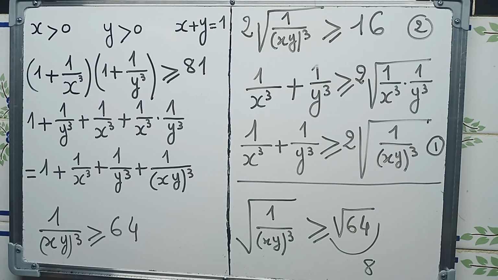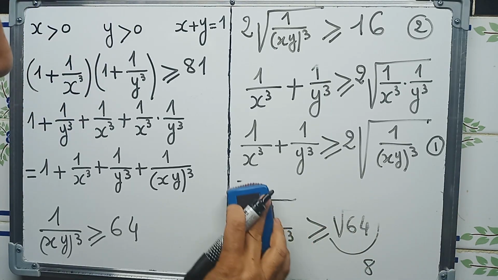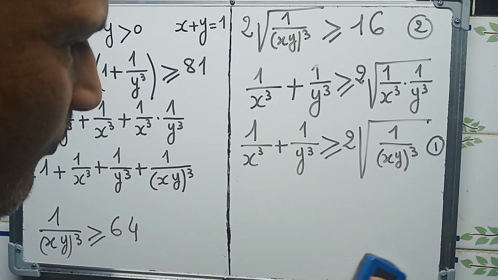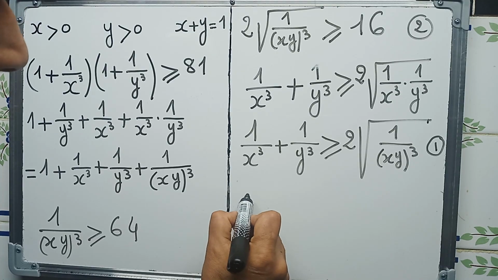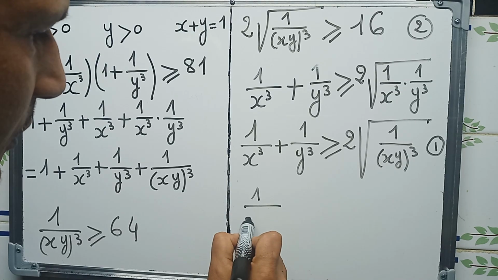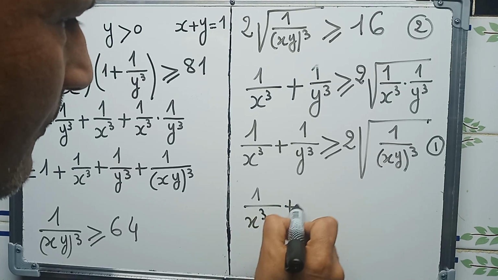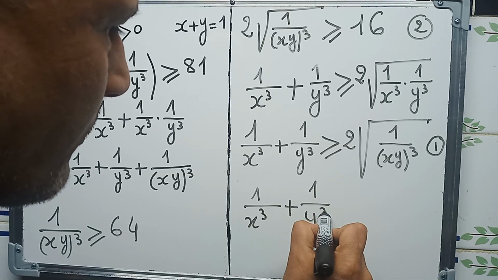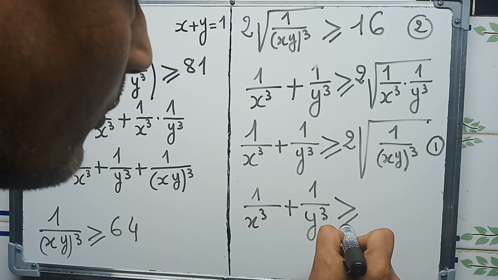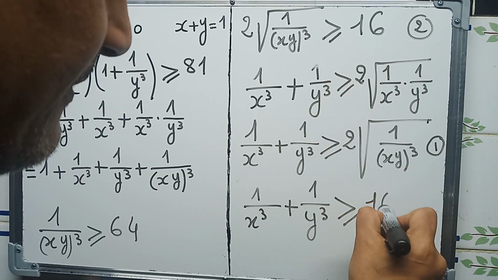So from 1 and 2, I will have 1 over x cubed plus 1 over y cubed is greater than or equal to 16.